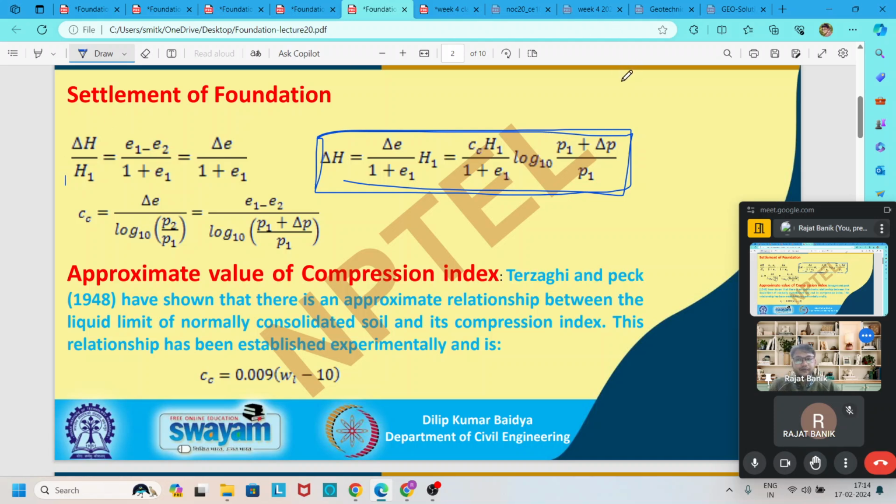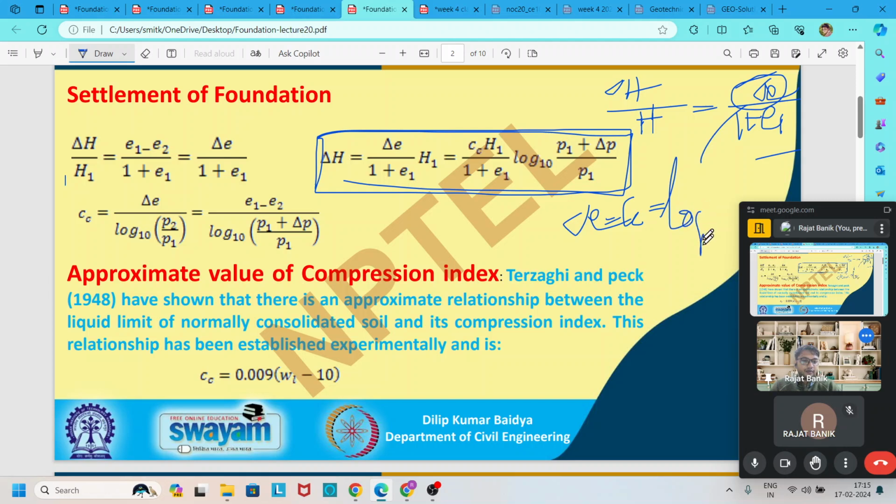We know that delta H, the change in the settlement of a layer, divided by the thickness of the layer is equal to the change in void ratio divided by 1 plus e1, or e naught. So if we replace delta e by our previous formula for the compression index, delta e is equal to Cc into log10 of (P1 plus delta P) divided by P1, then we get this formula.